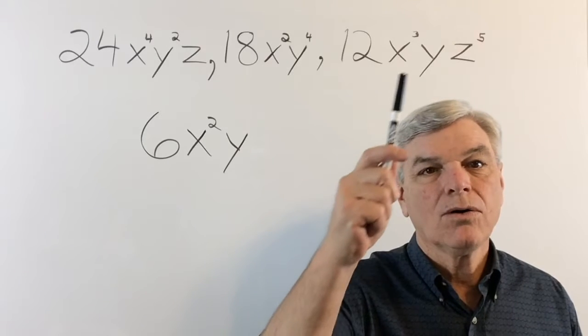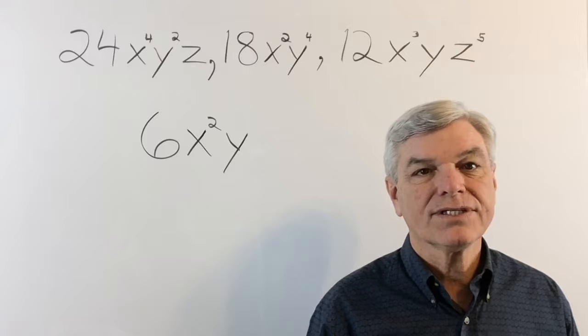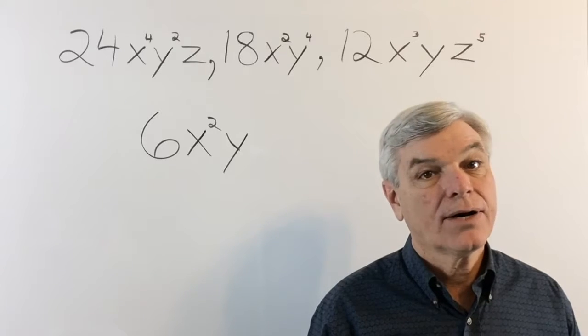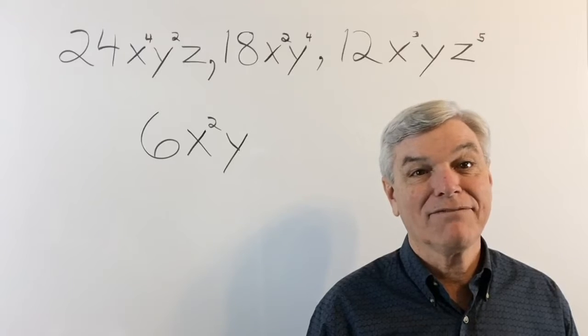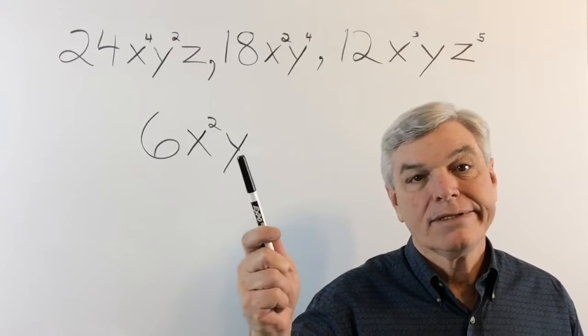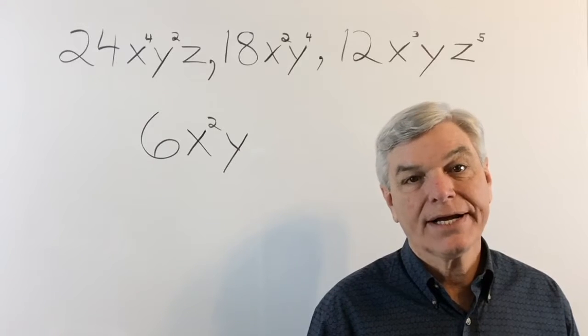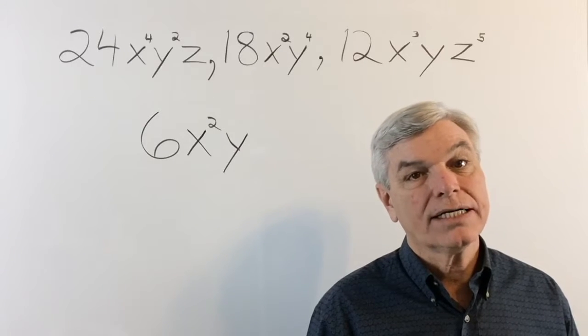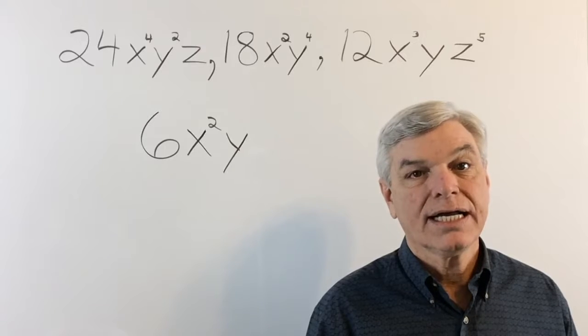And by the way, I put a 1 up there if that's helpful to you. It's not helpful to me, but if it's helpful to you, put a 1 up there. I know I have a lot of students who find that very helpful. So put a 1 up there if that's helpful. And then bring your y to the 1 down here, and guess what? Erase the 1 when you're done.